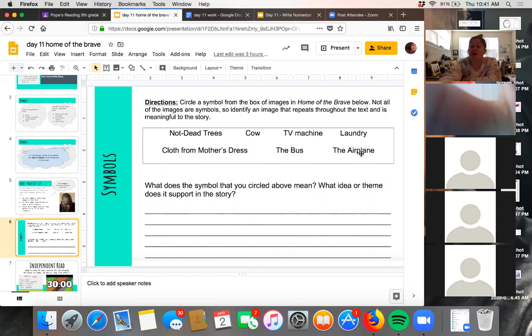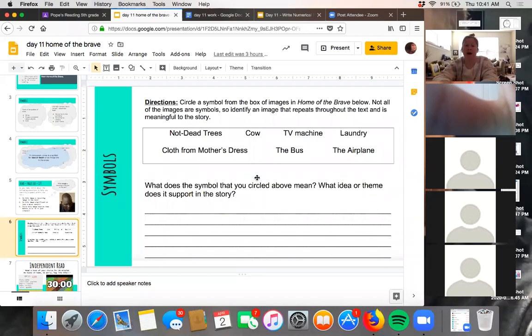Okay, so you're wanting to pick one of these words, but you need to be careful because not all of these words are symbols. Remember, a symbol is something that keeps repeating itself throughout the text and can be meaningful to the story. So not all of those words are symbols.